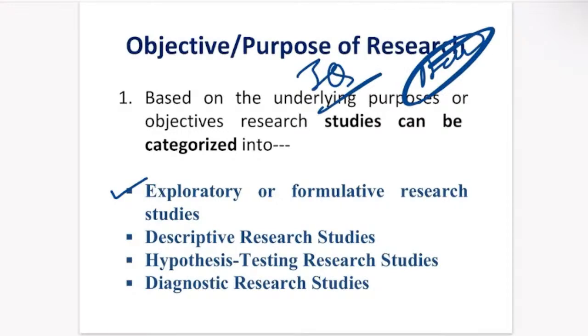But there may be some other thing जिसका कोई टूल नहीं है. So you will observe, because you want to explore the thing. Whatever you observe, you write it down, and try to find out whether there is some relationship or some patterns so that you can understand that phenomenon. That kind of research is exploratory research.